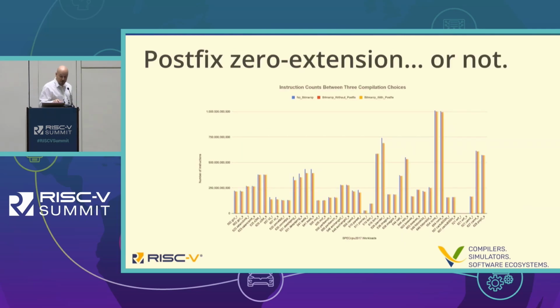A bigger question during the standardization of bitmanip was that we had two types of zero extensions, prefix and postfix. One of the big questions there was, do we really need both? They're taking up opcode space, and actually making the decision of what the compiler should do harder.